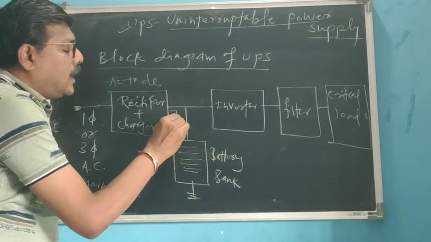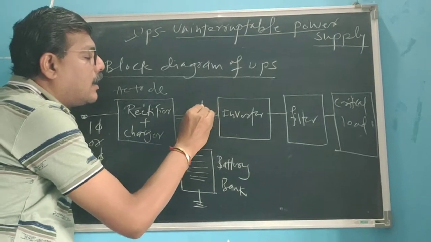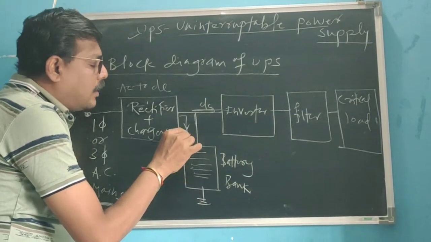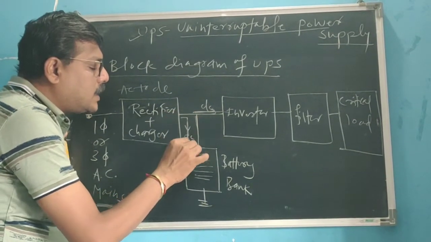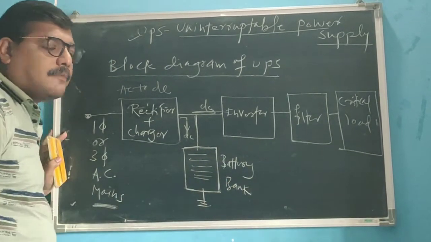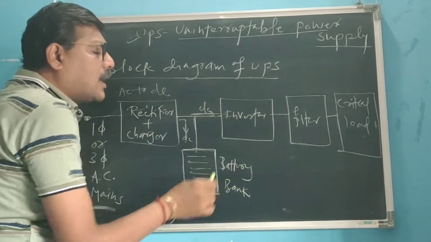That DC is simultaneously given to the inverter as well as to the battery. Due to this rectified DC, the battery bank gets charged.